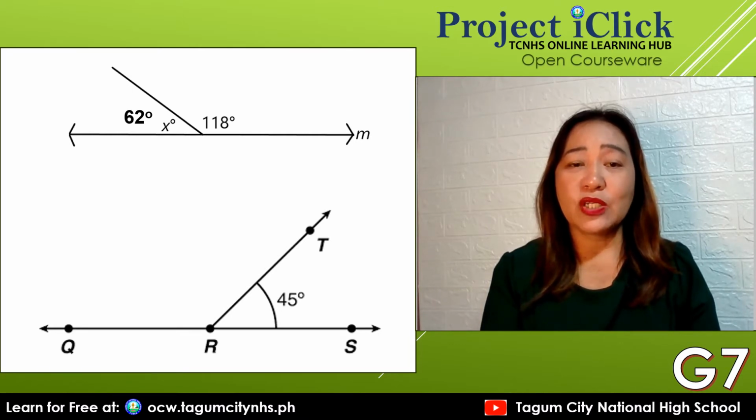You are going to subtract 45 degrees from 180 degrees in order to find the measure of angle QRT, and that is 135 degrees. Finding the sum, 135 degrees plus 45 degrees, that is equal to 180 degrees. Therefore, angles QRT and TRS are said to be supplementary angles.